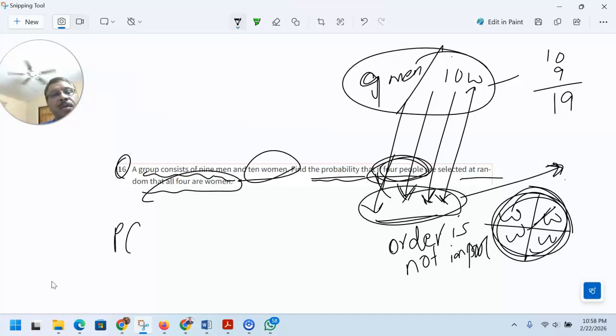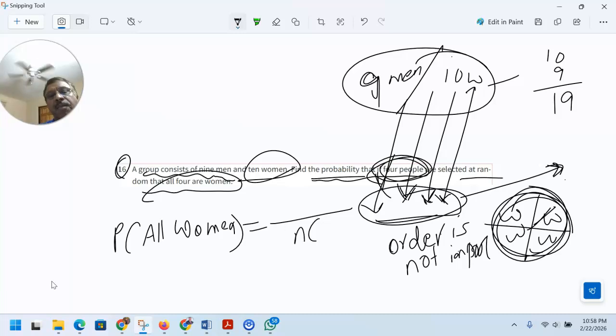To know the probability of all women, we need to know the total number of possible outcomes in the sample space, and the number of outcomes favoring the 10 women. Let me put an event E: all four women.